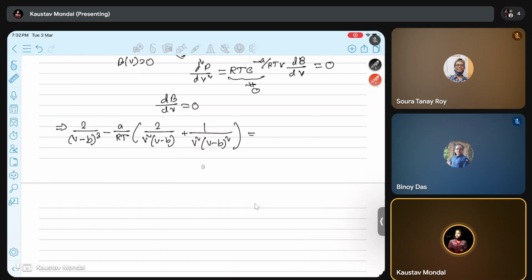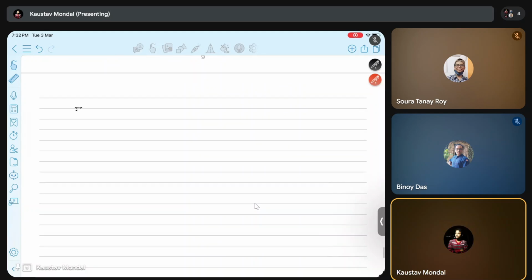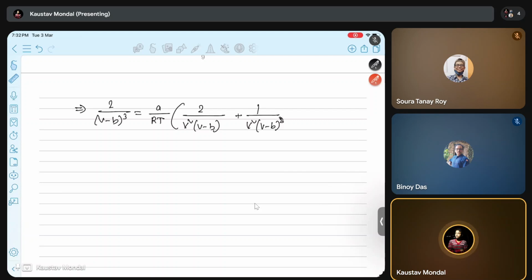This should be equal to 0, right? Now you can write this in a much simpler way. In that case it will become 2 by V minus b whole cube equal to A by RT, 2 by V square V minus b plus 1 by V square V minus b whole square, sorry, whole square.